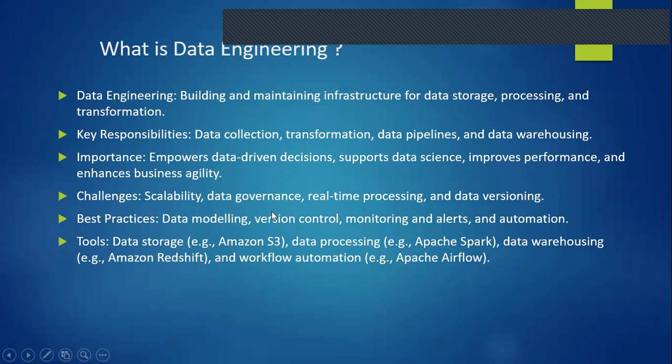So what are the challenges that a data engineer generally faces? Nowadays we can use any tool or build any solution. When we built a pipeline back in 2013, 14, 15, we were assuming that the data size would be 10 terabytes. 10 terabytes is a very big number.